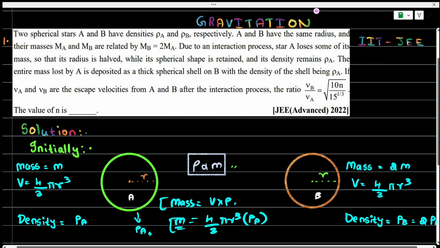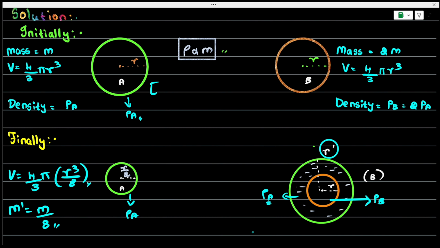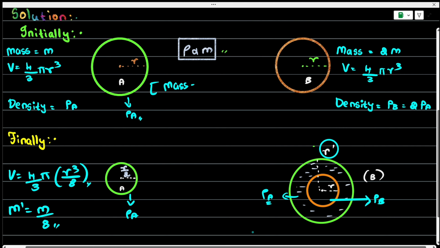They have given that the density of star A is rho A and the density of star B is rho B, which is equal to 2 rho A, because mass is equal to volume into density, which means mass is directly proportional to density. So rho A by rho B is equal to m divided by 2m, which means rho B is equal to 2 rho A. This is what I have written here.